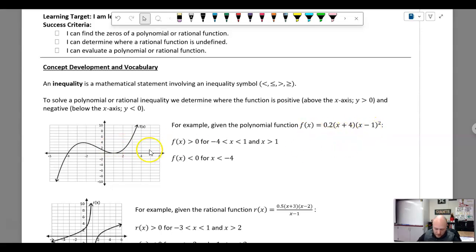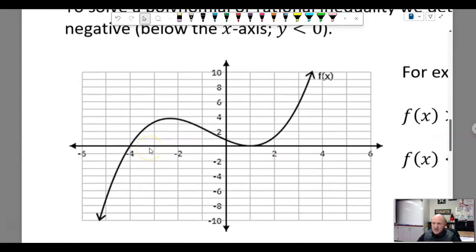Looking at this visually, we can easily see where our graph is greater than or equal to 0, from negative 4 to infinity, because at negative 4 it's 0 and at 1 it is 0. And it is less than 0 when x is less than negative 4.